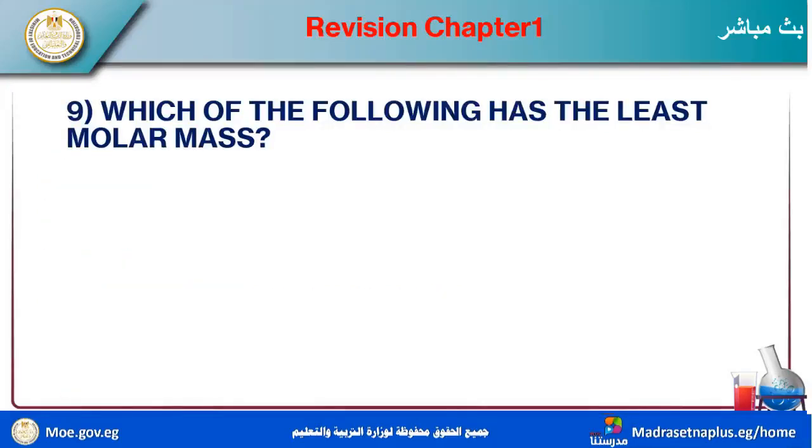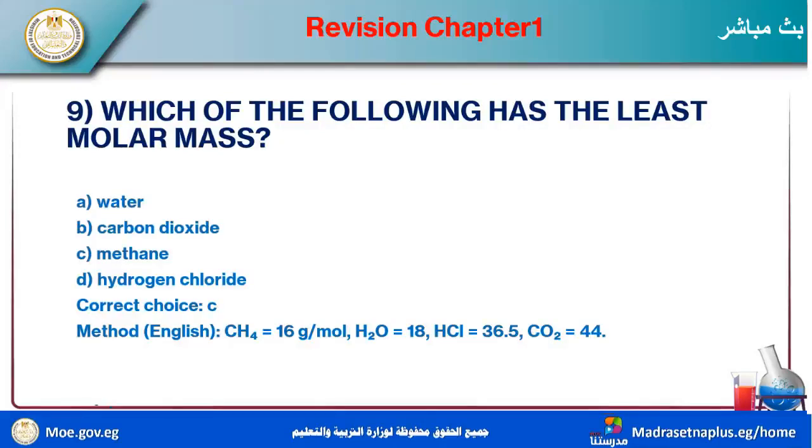Now we move to another question. Which of the following has the least molar mass? Water, carbon dioxide, methane, hydrogen chloride. Water H2O, carbon dioxide CO2, methane CH4, hydrogen chloride HCl. These questions train you to write the true molecular formula.